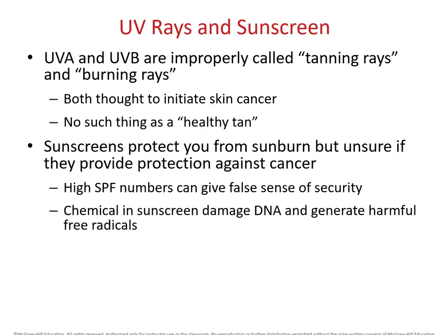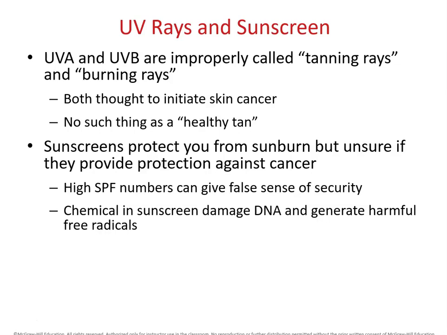And we might hate this fact too, but it is also a fact. There's no such thing as a healthy tan. If you are tan, it is because you were exposed to UVA and UVB rays, and that is increased risk of skin cancer. Sunscreens prevent sunburn, and there's some evidence that preventing sunburn prevents skin cancer.